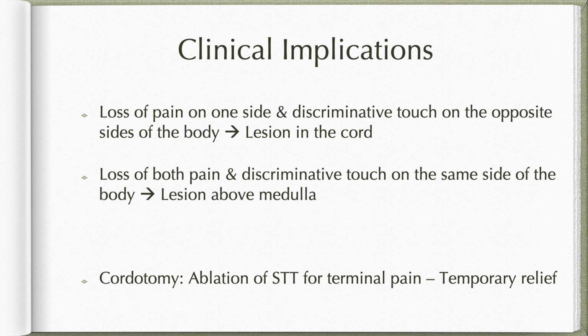But this is not a permanent relief, because by the end of 1 year, the fibers on the ipsilateral side which are traveling through the spino-reticular tract or traveling along with the dorsal column take over and the pain returns. So usually this chordotomy is done only in those patients who are terminally ill and having chronic intractable pain.